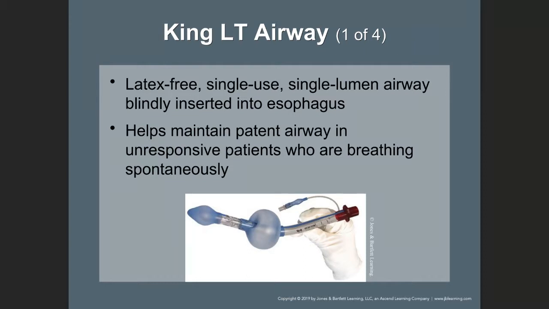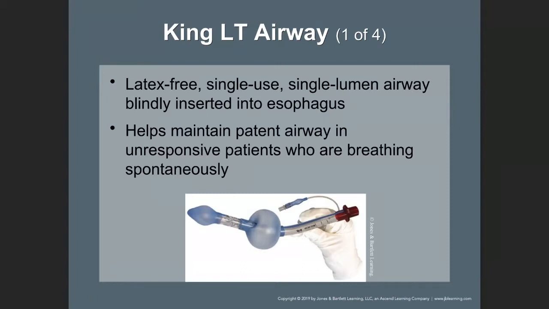So if your basic airway adjuncts and your BVM device are sufficient, then you don't need to do any advanced airway interventions. You can also maximize your basic stuff. So if a patient has an OPA in, you can put in an NPA to maximize the airway.